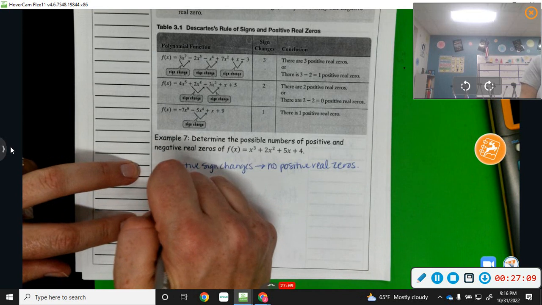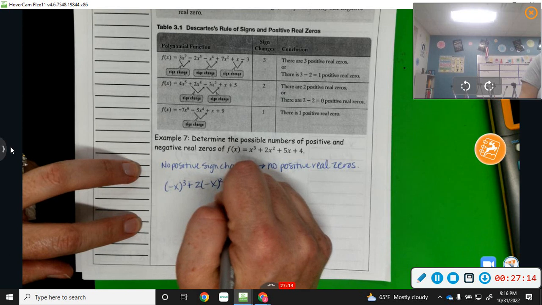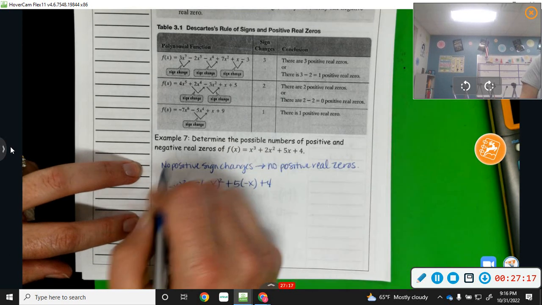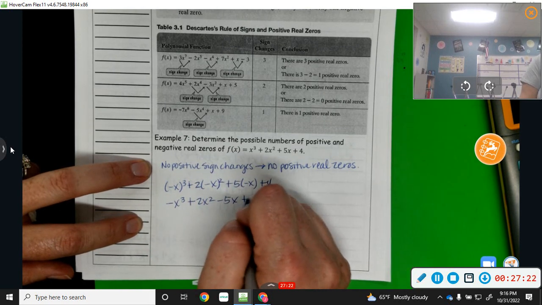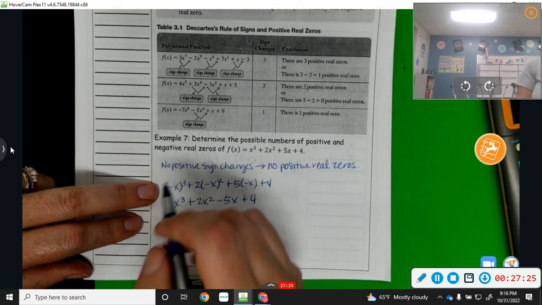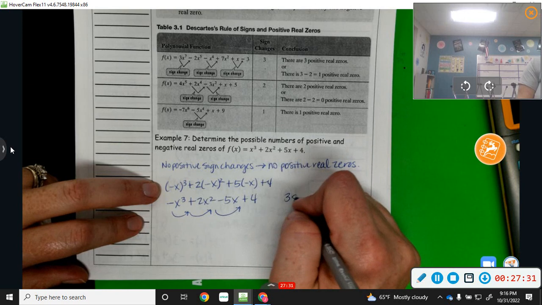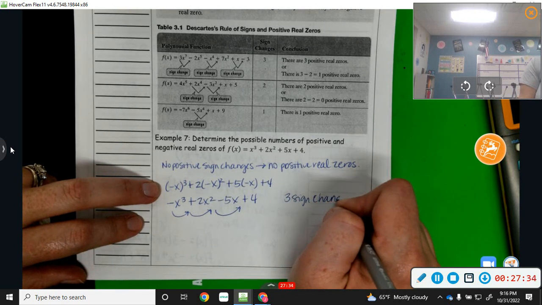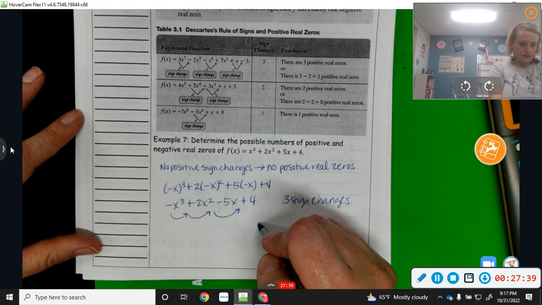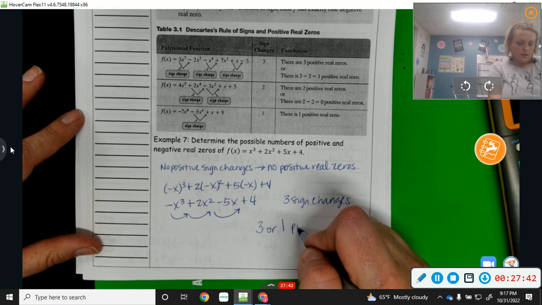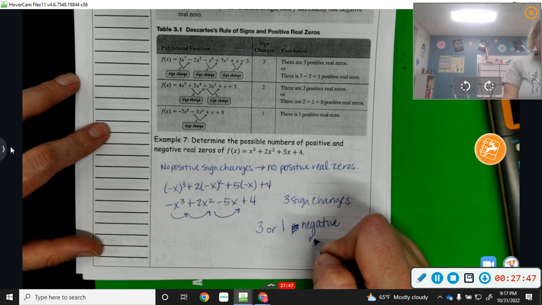But if I plug in negative x, this would be negative x cubed plus 2x squared minus 5x plus 4. And if we look, that has 1, 2, 3 sign changes. Okay, so that means that there are either 3 or 1 negative real root.